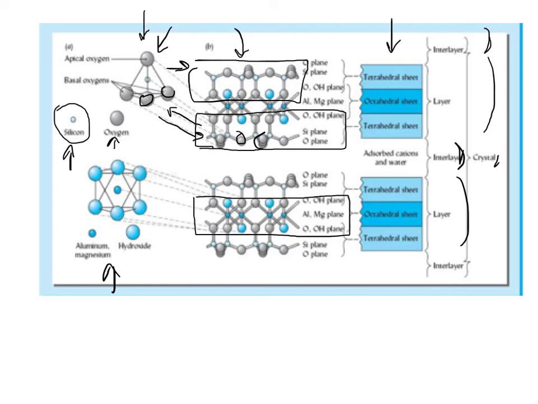In the octahedral configuration, you see here we have either aluminum or magnesium, and then we have a hydroxide. This is an oxygen with an associated hydrogen, or sometimes just an oxygen. So this is how we make that up: one of these aluminums or magnesiums, and 6 of these hydroxides, or just oxygens.